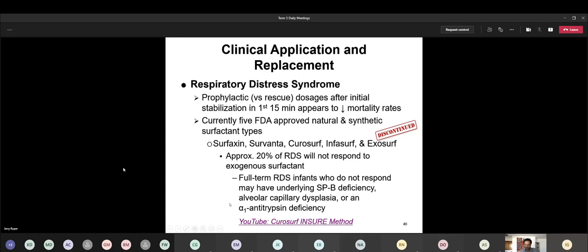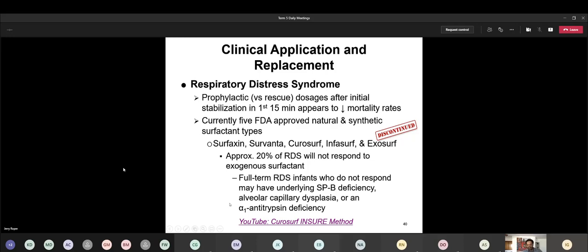So then we give our surfactant therapy, no matter which one we chose, we give that first round of therapy, and then we have to stand by and watch very carefully to see what happens. Because if surfactant will work, it will usually start working pretty quickly.